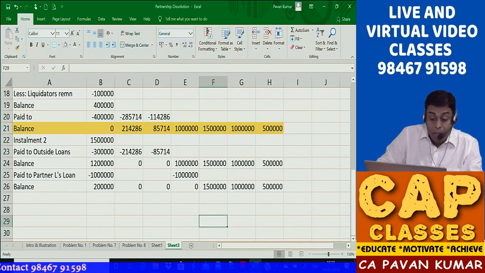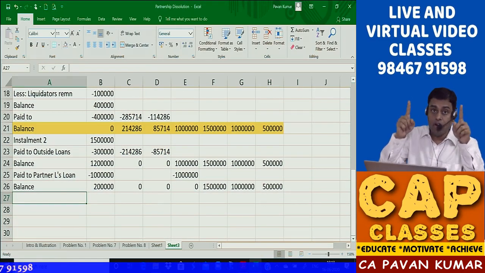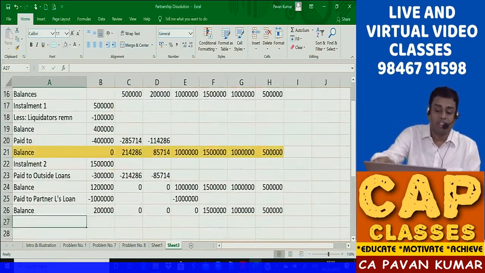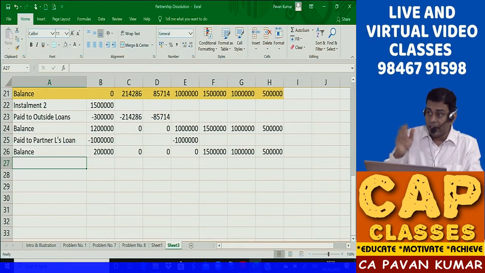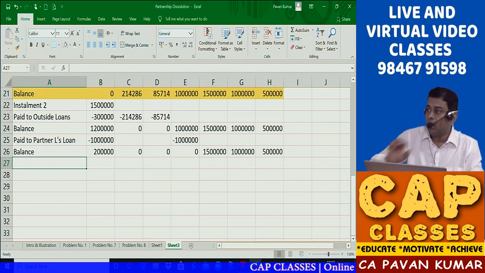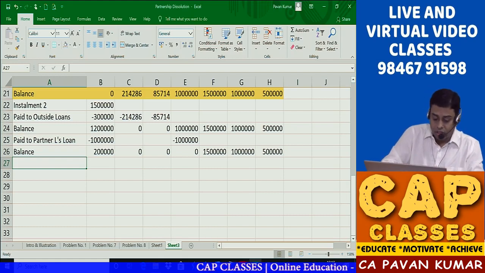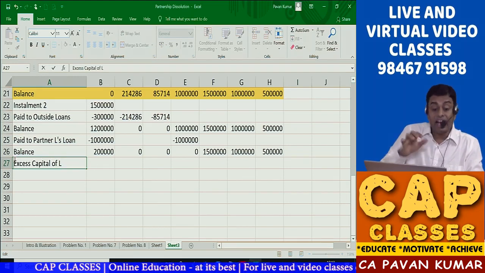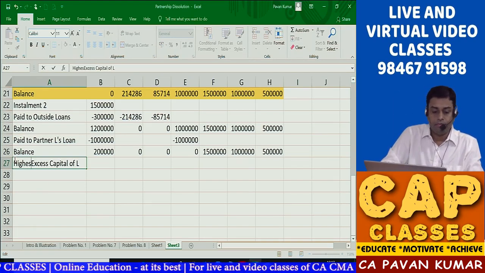So to whom should I pay first? Do you remember in our working notes? What is step 1? Go to the conclusion. First I need to pay 5 lakh rupees to Mr. L. So this excess capital of L will be repaid first. So this is excess capital of L. Or you can write down higher excess. That means second round.